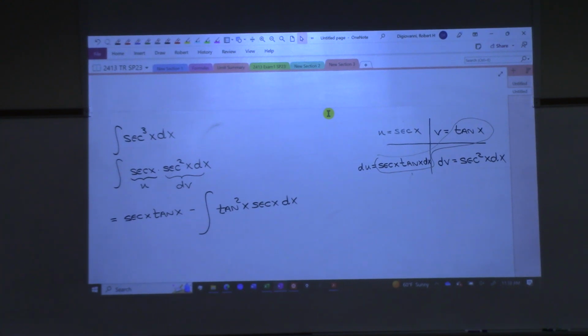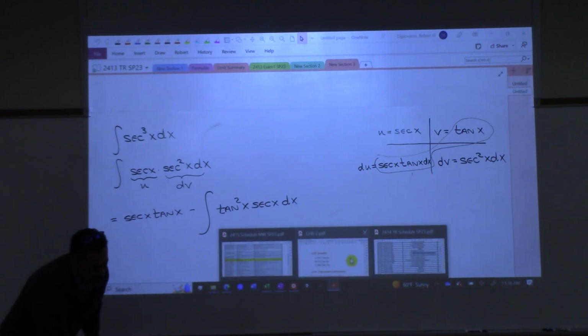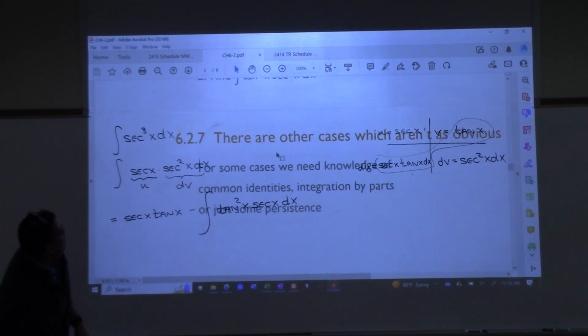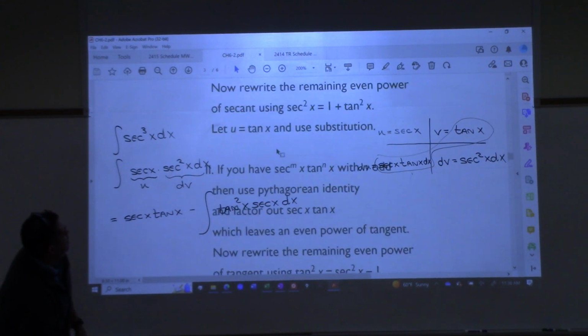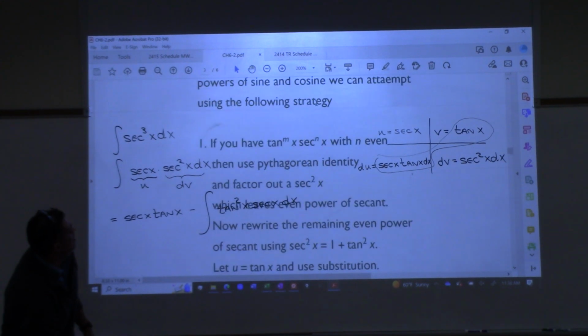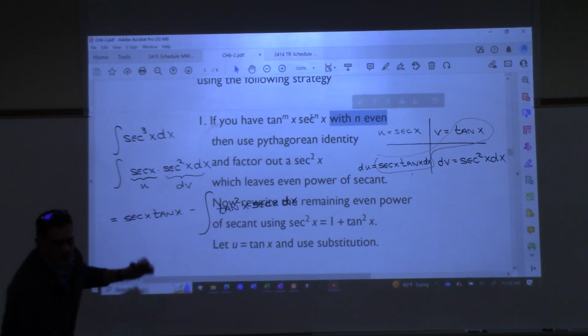So we look at it enough. What about our sheets? Do our sheets tell us anything about this? Like, should we peel off a tangent? Let's see, what did this say? If we have secants and tangents, it says if you have tangent with secant and the power on the secant is even, then we'll do that.